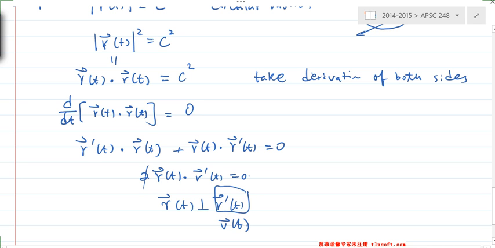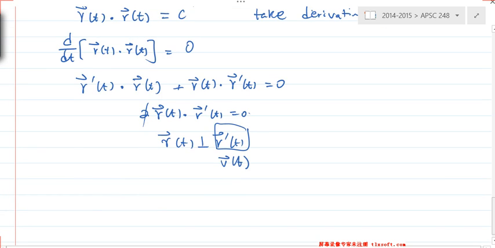This basically proves the circular motion: the velocity, given a constant magnitude for the position vector, is perpendicular to the position vector. Okay? We're going to make use of this observation shortly.